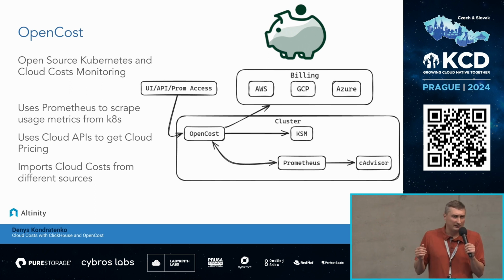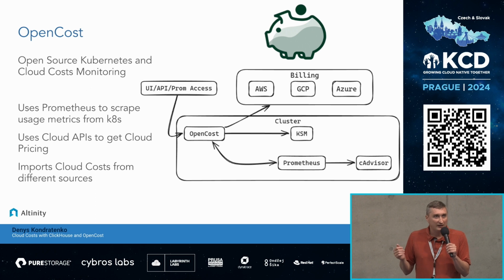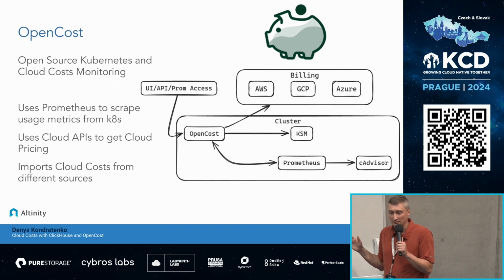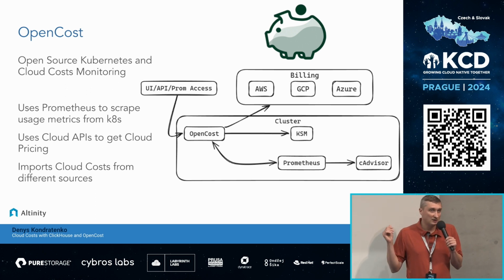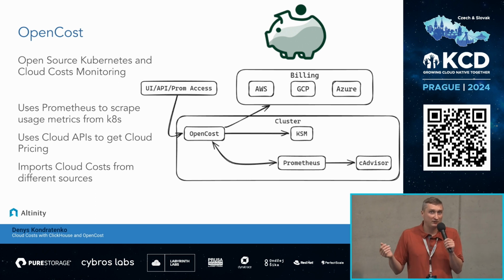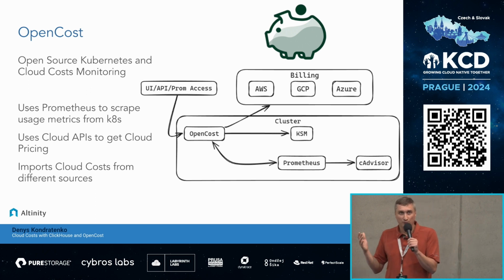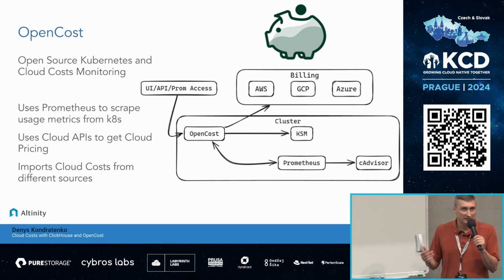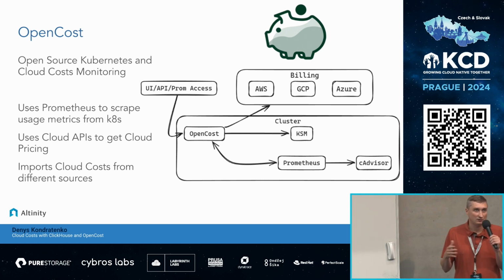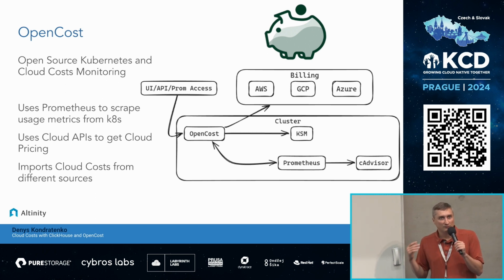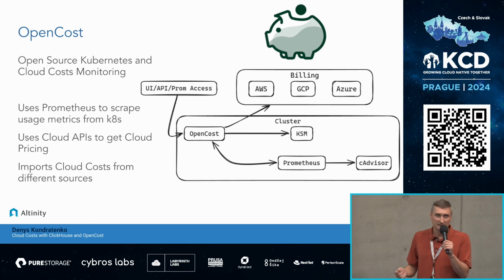Recently, I think in the last year, they also added cloud cost support. So you can measure not just usage, but also get the actual cloud costs. It also downloads the pricing from the cloud providers, like what resources cost what. For example, for these instances, disks, etc., specifically for this class, what those cost, calculates all of that and gives you back the result.